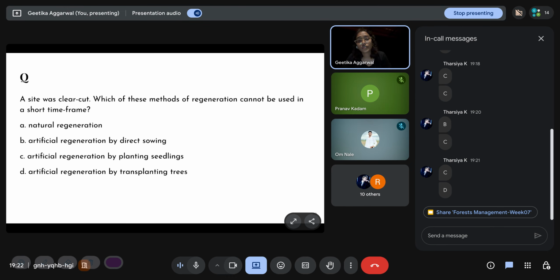Okay, one site was clear cut. Which of these methods of regeneration cannot be used in a short time frame? Natural regeneration, artificial regeneration by direct sowing, by planting seedlings, or by transplanting trees? Which of these cannot be used in a short time frame?